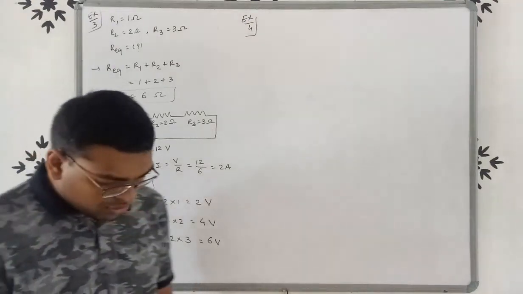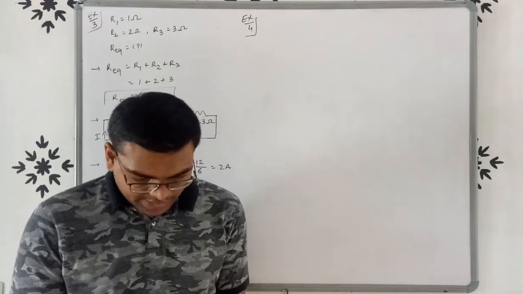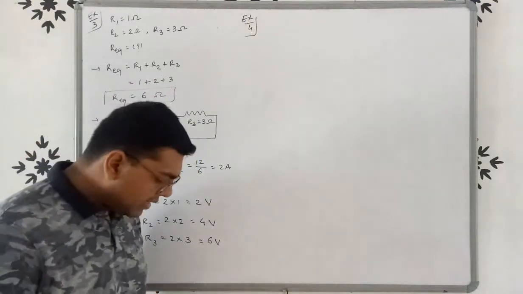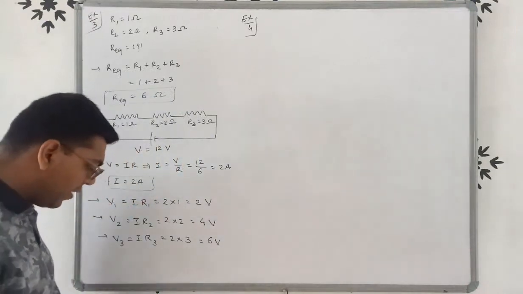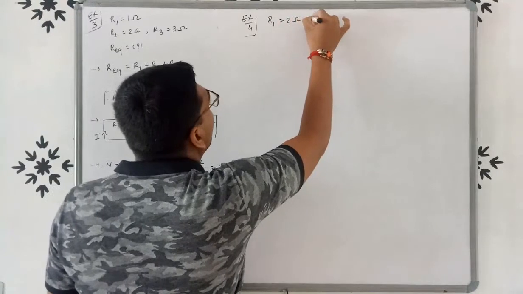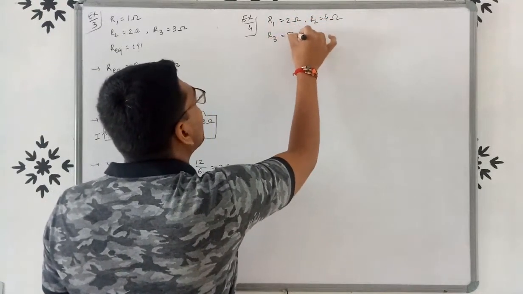Three resistors 2, 4 and 5 ohm are combined in parallel. What is the total resistance of this combination? So here there are three resistors 2, 4 and 5. So R1 is 2, R2 is 4 ohm and R3 is 5 ohm.